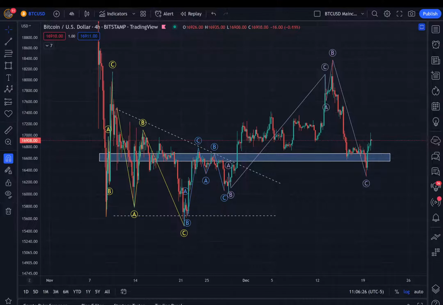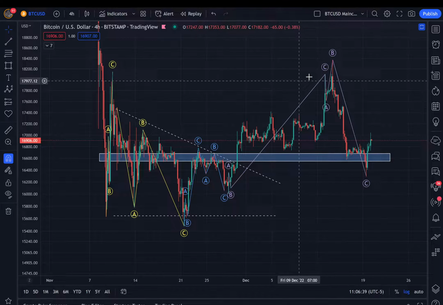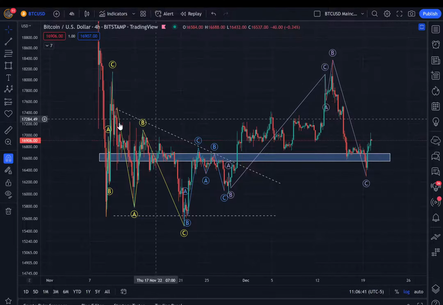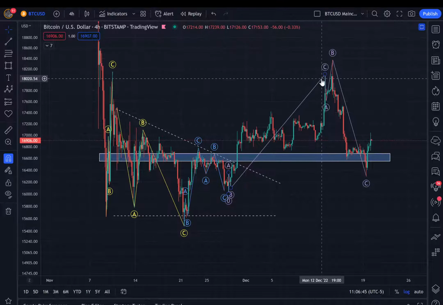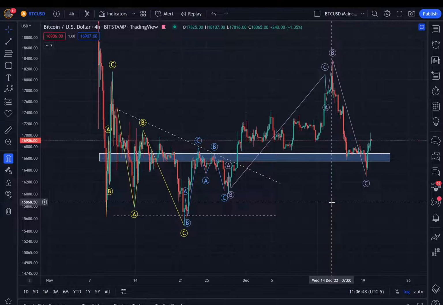Those 3 sets are designated by 3 different colors I've put in. I've got yellow for the first set, blue for the second, and purple for the third. So yellow is my first degree of A-B basing, blue is my second degree, and purple is my third degree. Now, is this 100%?